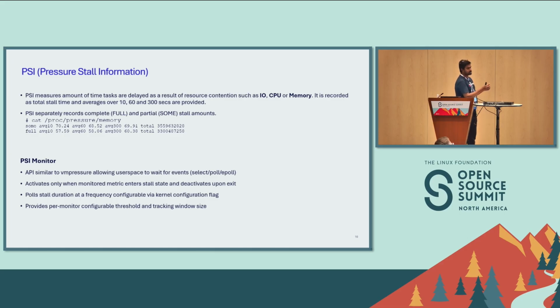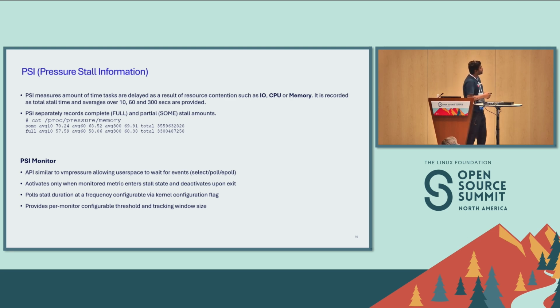The amount of time the process stalls is captured by PSI. And if it goes above a certain threshold, it can generate an epoll event and give the event to user space, saying, hey, there's a memory pressure in the system, and then user space can decide to take some actions.